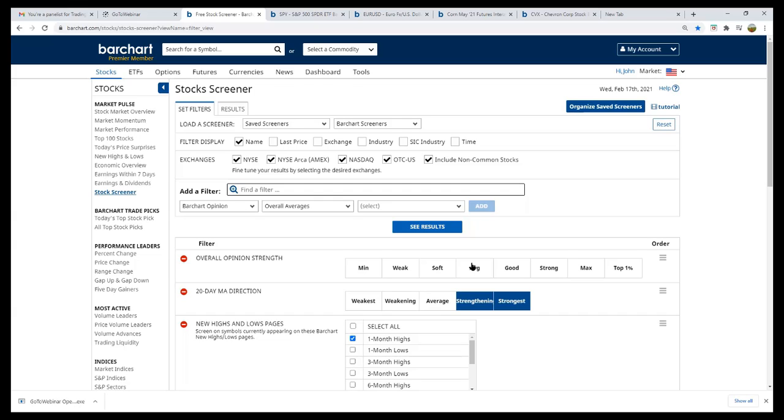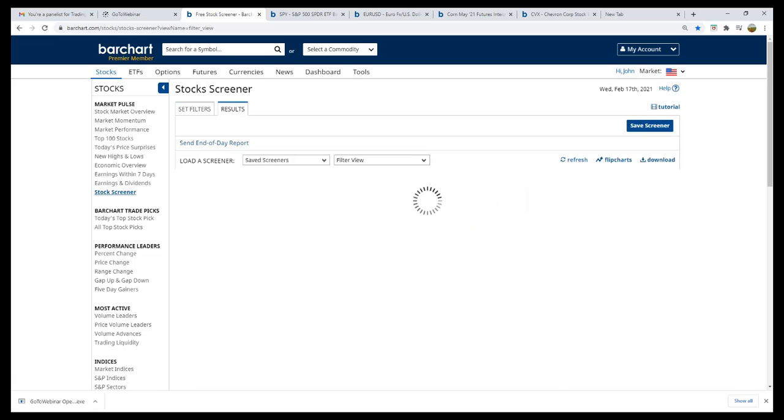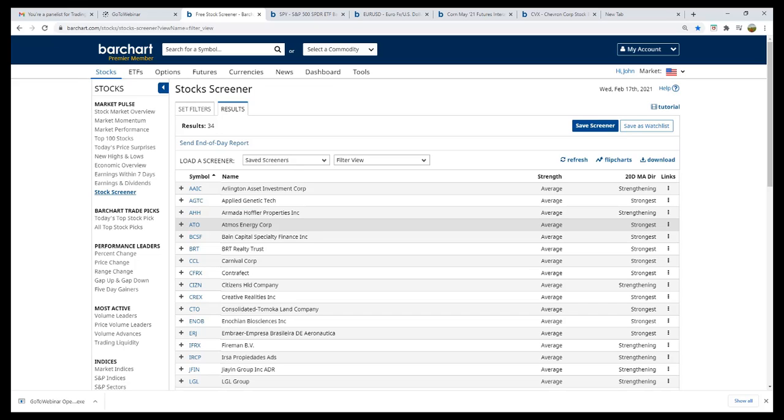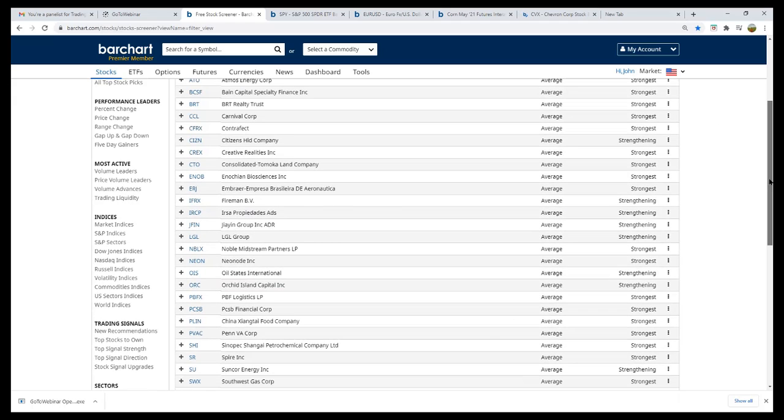But I want to find stock that is in second gear or third gear, right? And I'm just going to pick average. I don't know. You could pick whatever ones you want, but let's see what our results are. Okay. And boom, I've got 34 candidates to pick from in terms of looking at some opportunities.